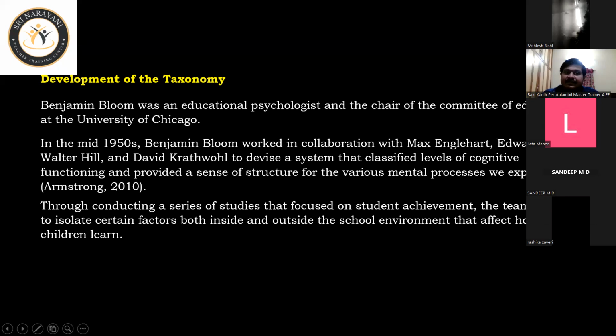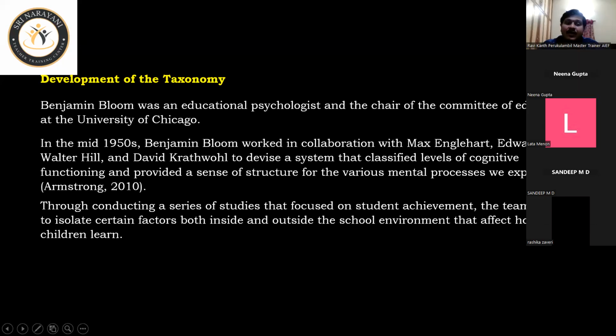In the mid 1950s, Benjamin Bloom worked in collaboration with Max Engelhardt, Edward First, Walter Hill, and David Cradwell to devise a system that classified levels of cognitive functioning and provided a sense of structure for the various mental processes we experience. This was written by a person called Armstrong in 2010.